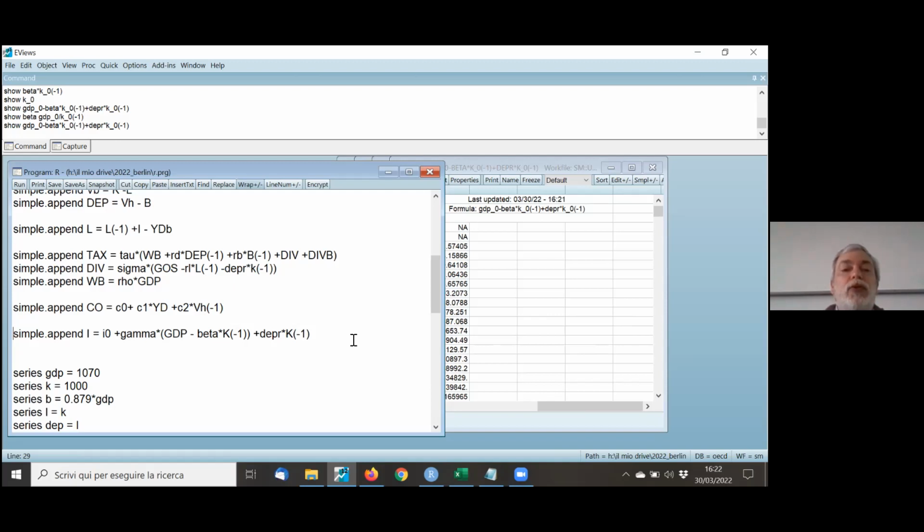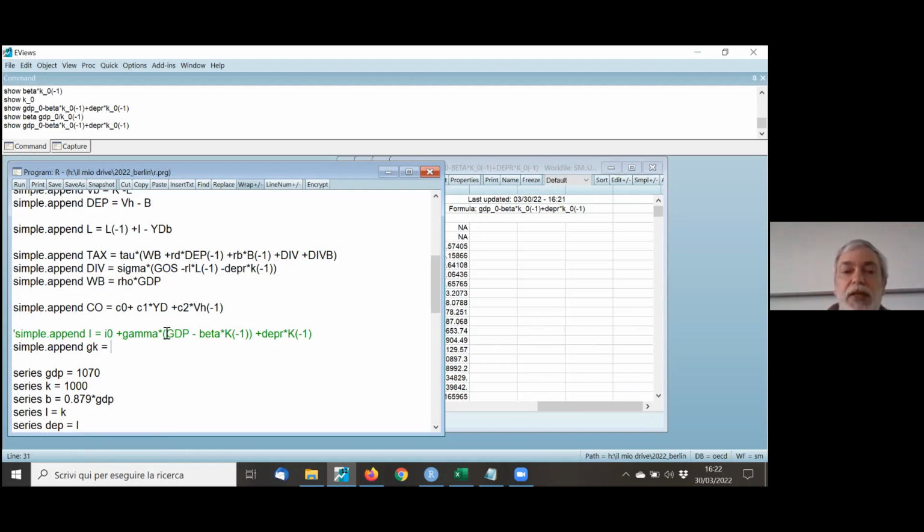So if we want to do that, usually you have an equation like the growth rate, let's call this GK, of the stock of capital will depend on the utilization rate.